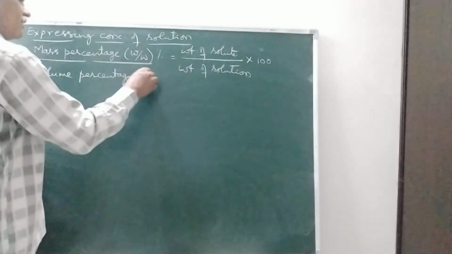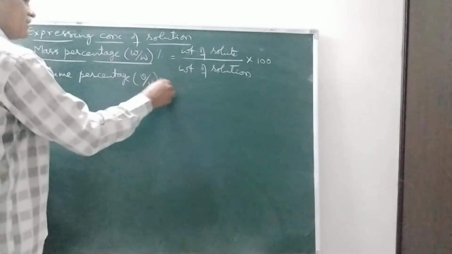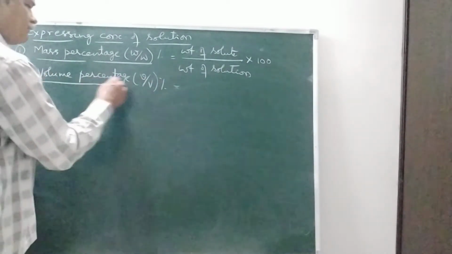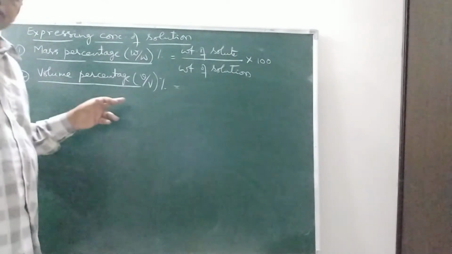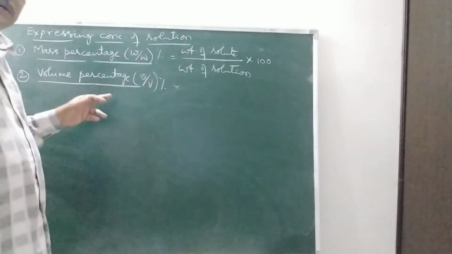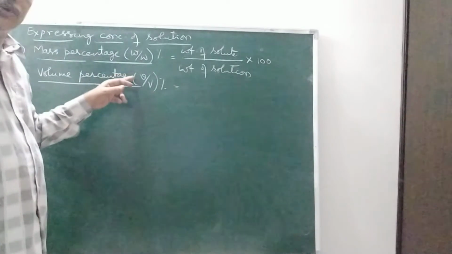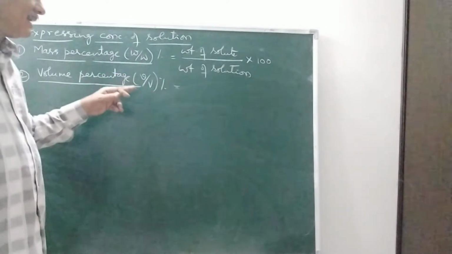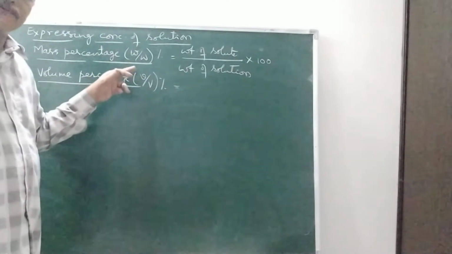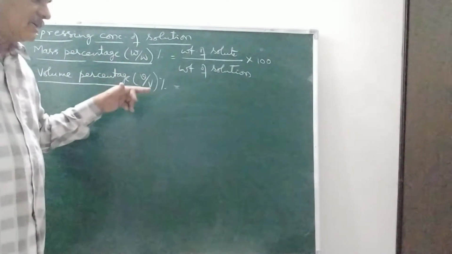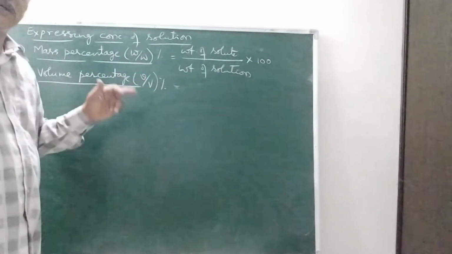Volume percentage, V by V percentage. So how to define V by V percentage? It is the volume of solute present in 100 ml of the solution. It is volume of solute in ml present in 100 ml of the solution.